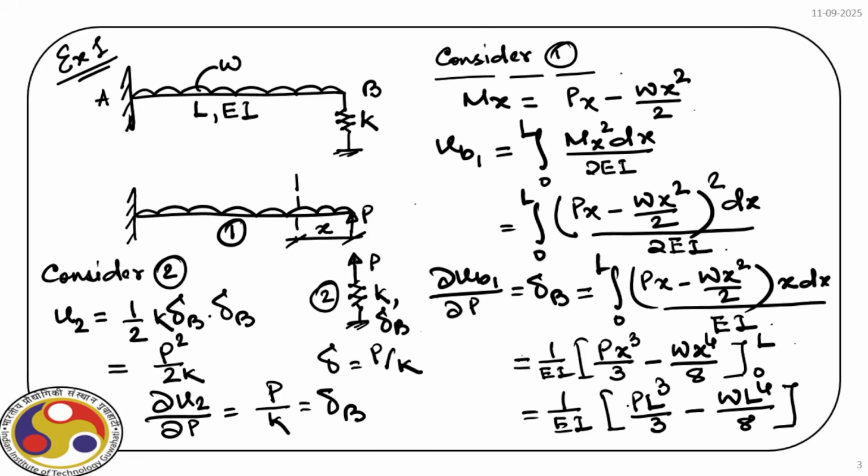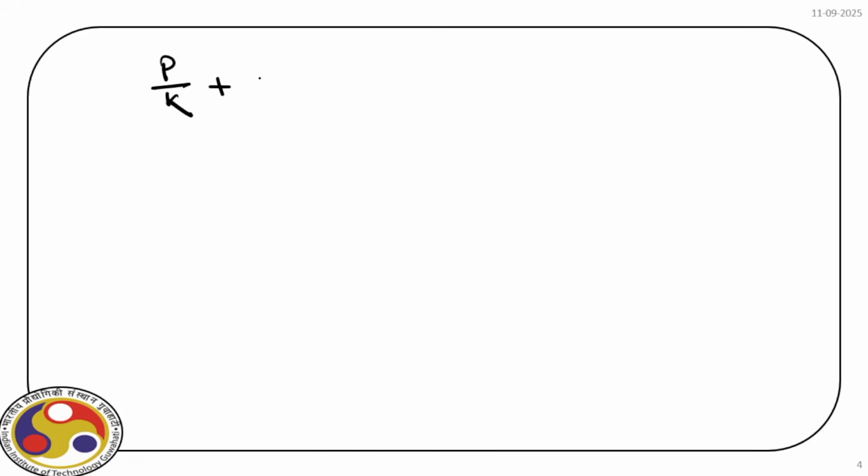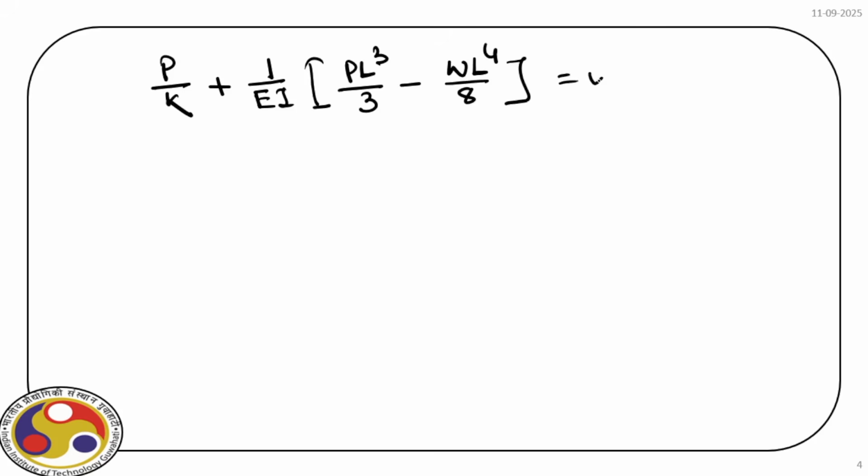Now if we equate this, what we have is P by K plus the other part, 1 by EI within bracket PL cube by 3 minus omega L to the power 4 by 8. This is equal to 0.